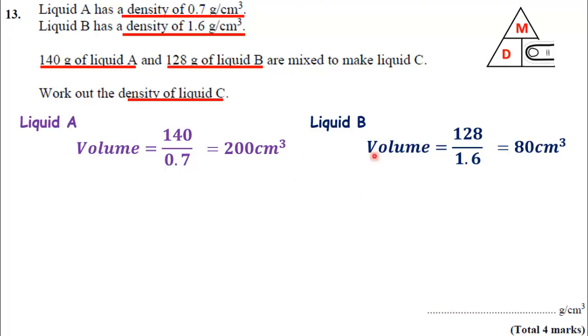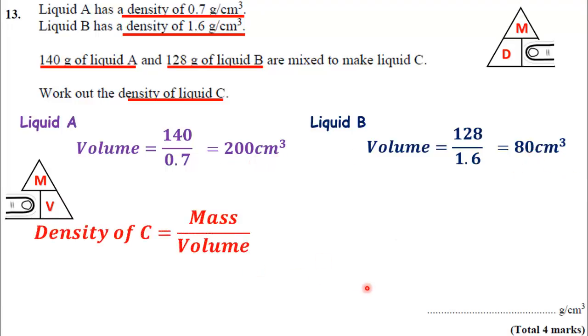So the combined masses divided by the combined volumes is going to give me the density. I'm going to put my density equation again here, and remember, I need to work out the density of C. Density of C is mass divided by volume.